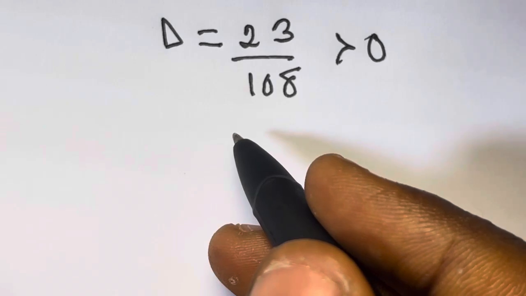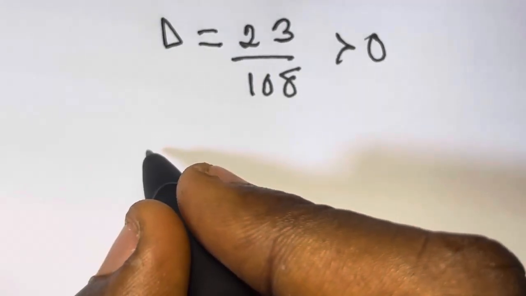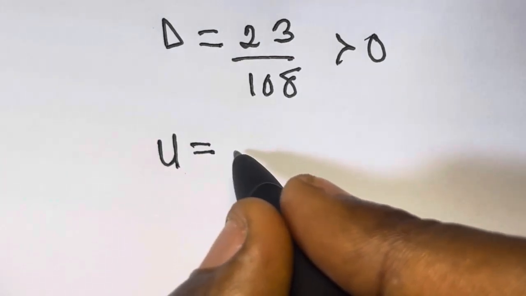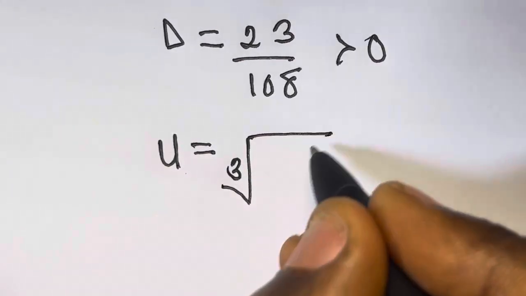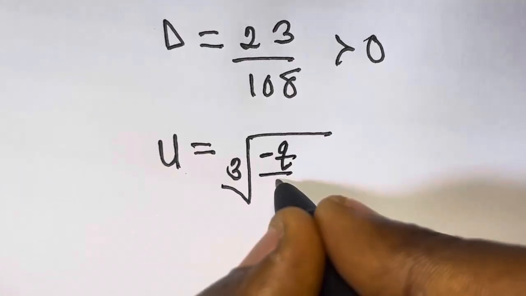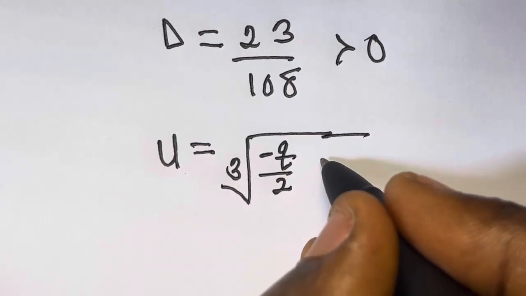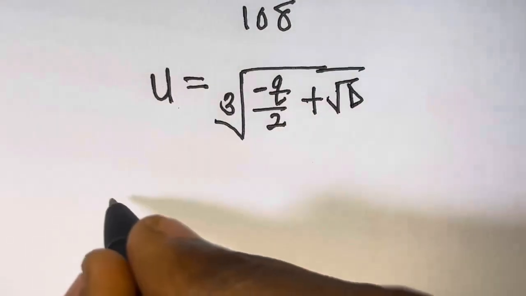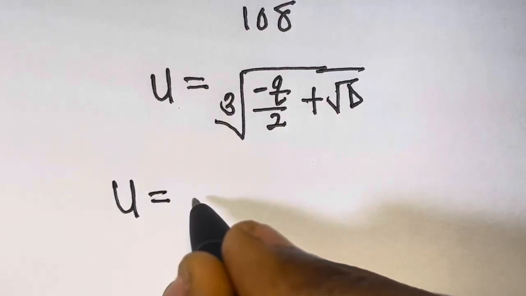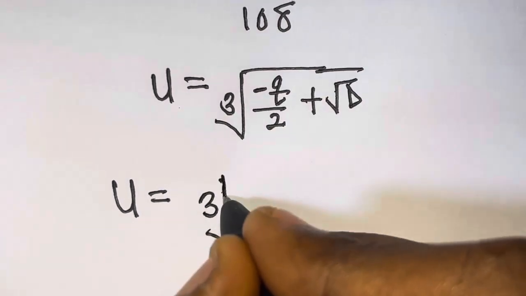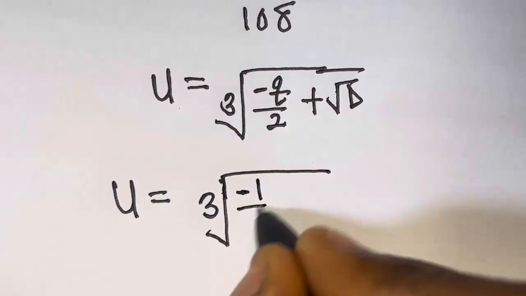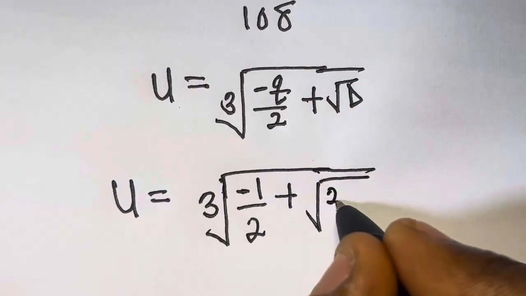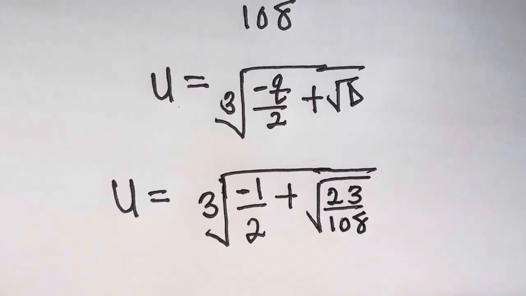So we now find u, but remember that our u equals cube root of minus q divided by 2 plus square root of d. So we have u equals cube root of minus 1 divided by 2 plus square root of d, where d is 23 divided by 108.